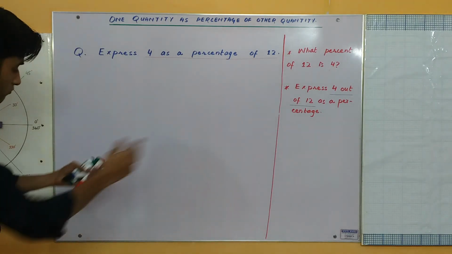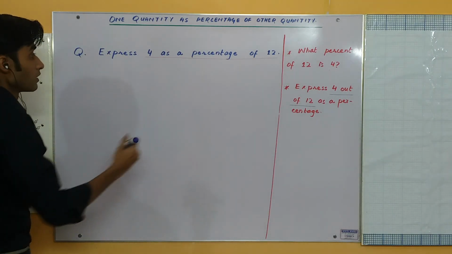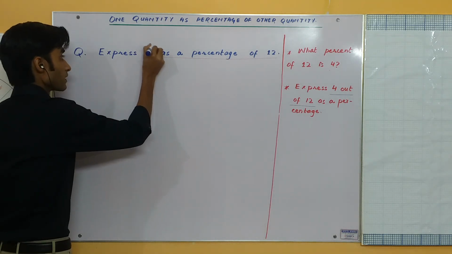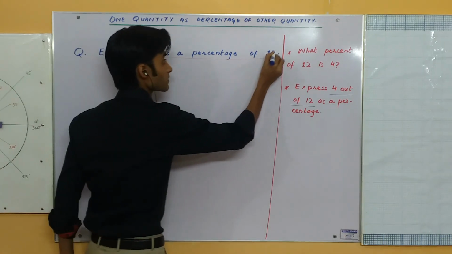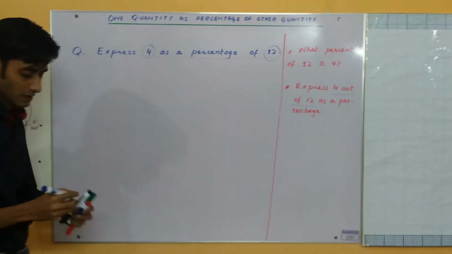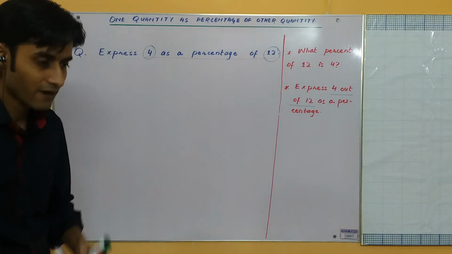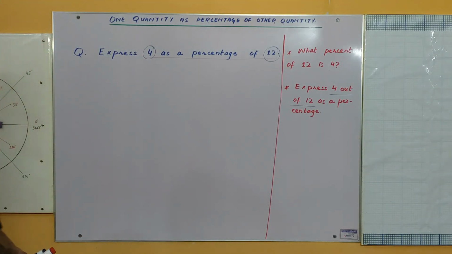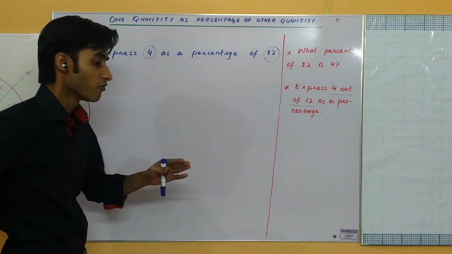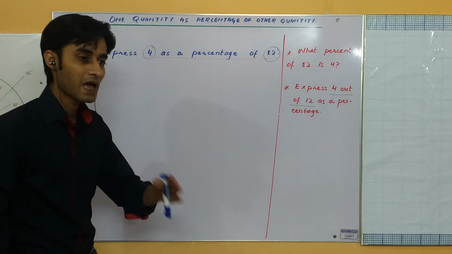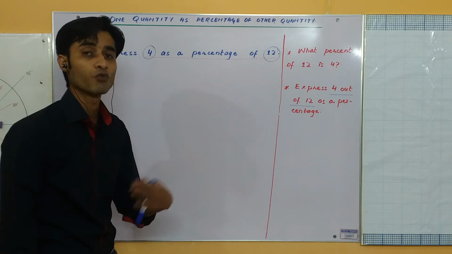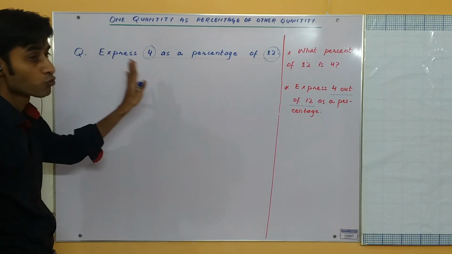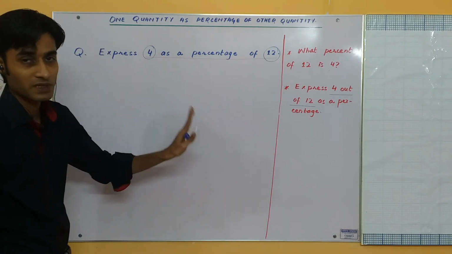Both these things, when there are two quantities given, this is the first quantity and this is the second quantity, you only have to be careful about one thing, and that is which quantity is out of which one. I have mentioned two quantities here, none of them is a percentage.